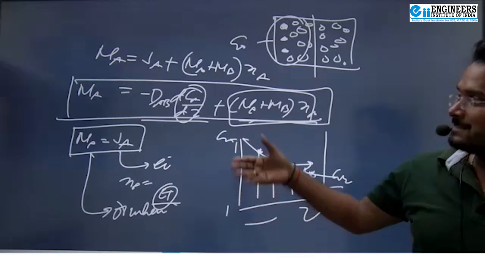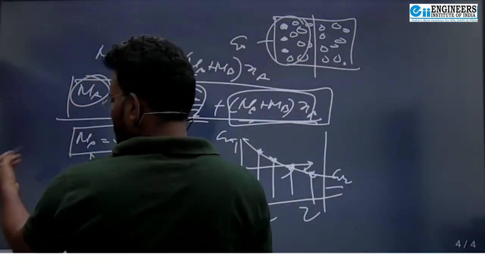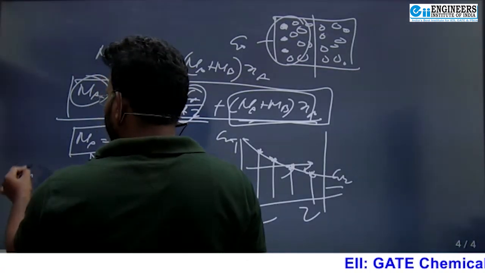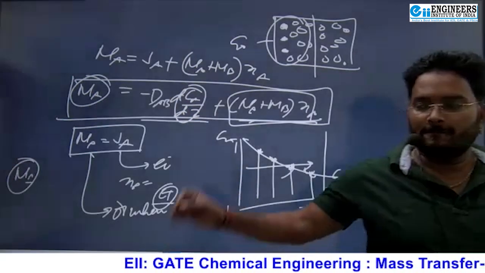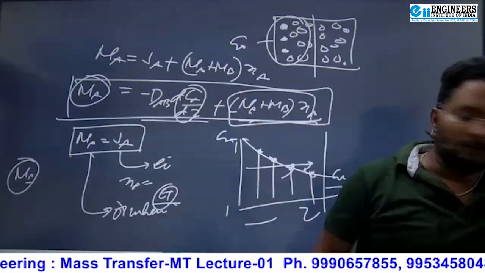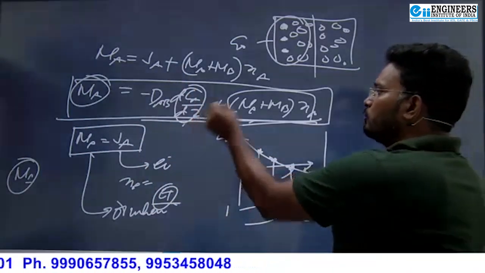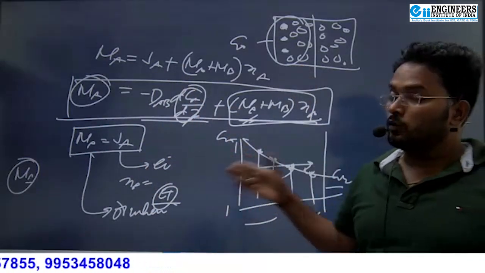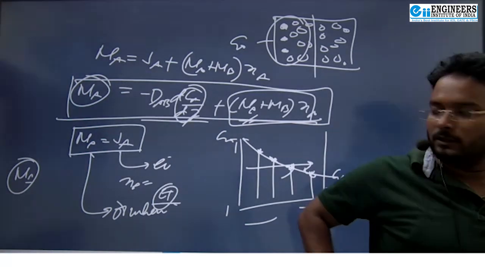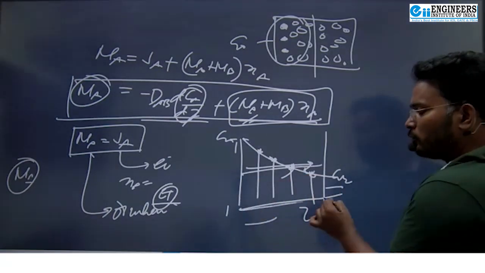At steady state, the rate of mass transfer, let's say the flux, is constant. If I am talking about flux through a constant area, then the flux is not going to vary with area. Yes or no? For a given total rate of mass transfer, both terms are going to change. From location to location, both terms are going to vary from one point to another, along the diffusion path from 1 to 2.